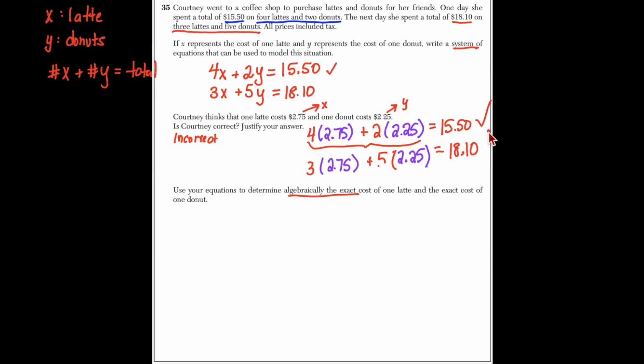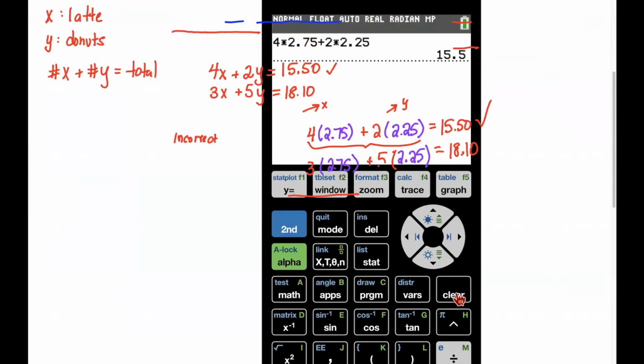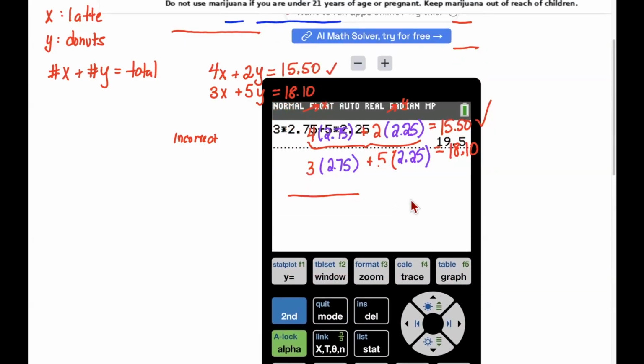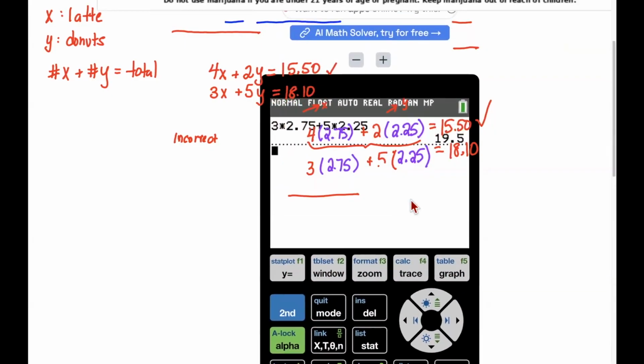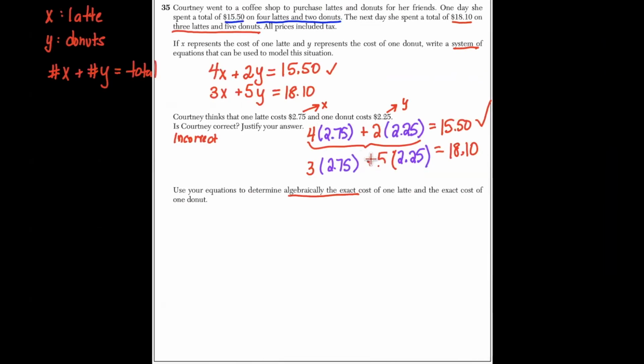But I'm going to see here when I put it in my calculator, it's going to be incorrect. Let's just verify that. So I've got 3 times 2.75 plus 5 times 2.25. That's equal to, oh, there's a problem, that's 19.50, which is not what it should be equal to.